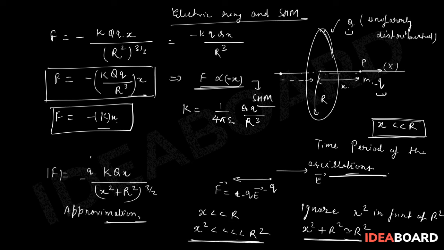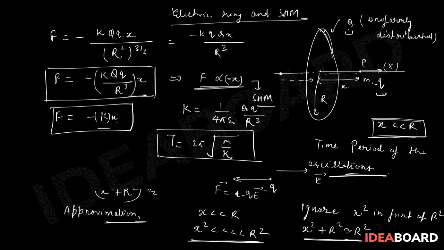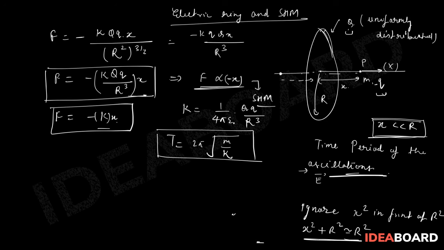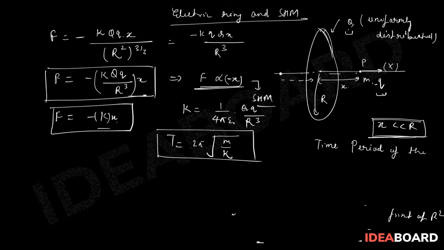Correct? So we can write down the expression of time period T is equal to 2 pi under root of m by k, as mass is given to be m. Now we can just substitute the values and then we can find our final answer. That's how electrostatics and SHM are mixed up.